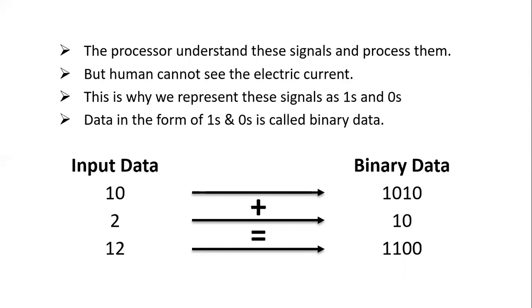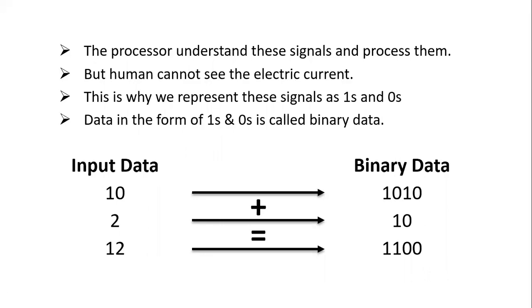Any data which is in the form of zeros and ones, a combination of zeros and ones, is called binary data. We should know that if we input 10, meaning the number 10 in decimal, through the keyboard, it's changed into 1010, which is binary data for 10.